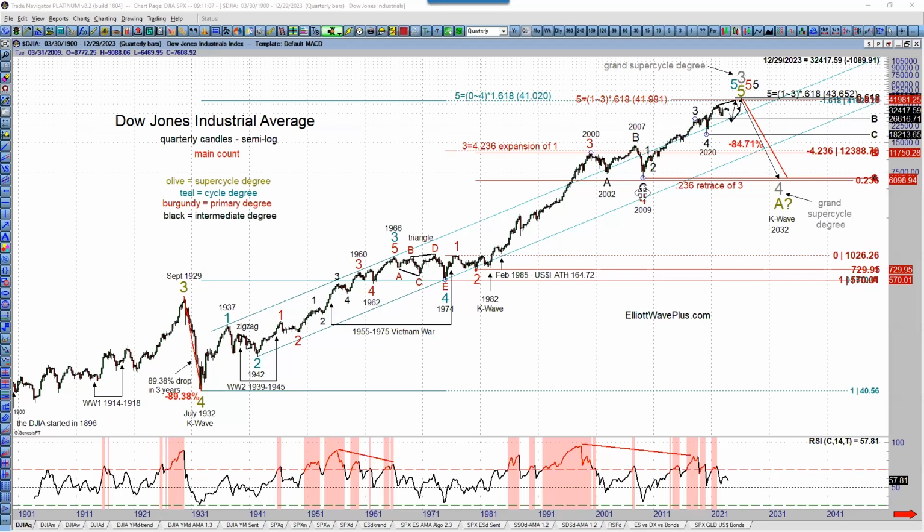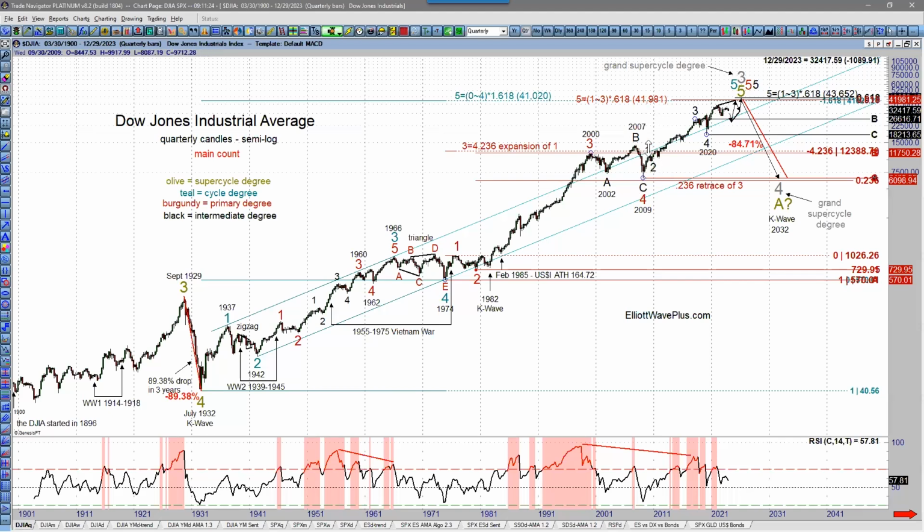And then up from the 2009 low, looking for this burgundy fifth wave to subdivide into 5 intermediate degree or black waves to upside. 1, 2, 1, 2, 3, 4, 3, 4, and this needs to subdivide into 5 waves up here.